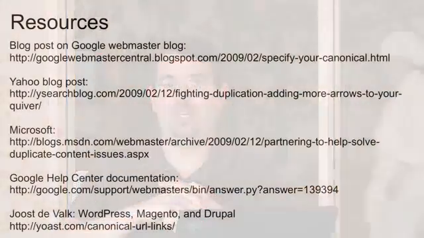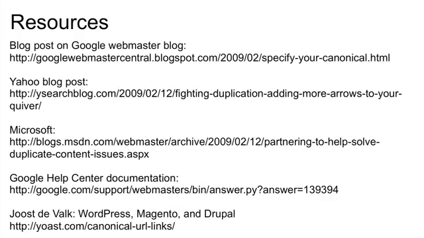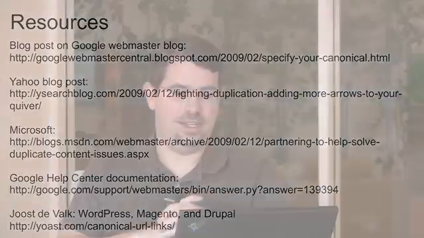So Joost happened to email just a few days before we were ready to announce support. And so we gave him a heads up about the possibility of this. And he turned around plugins not just for WordPress, but also for Magento, which is an e-commerce shopping software, and Drupal, which is another open source content management system, which I think the White House just rolled out using Drupal. So really appreciate the work that he's done as well.